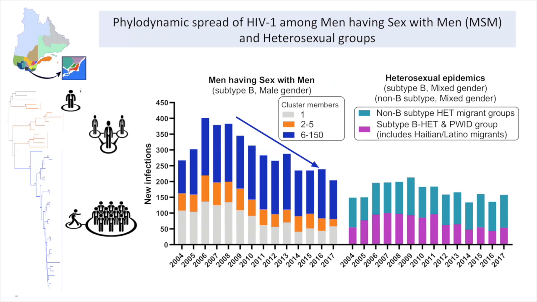Nonetheless, large cluster outbreaks, in which 6 to 150 people share a common virus, are relatively common, and this represents over 60% of the epidemic in 2017. And we have non-B subtypes, which reflect the other half of the HIV epidemic.